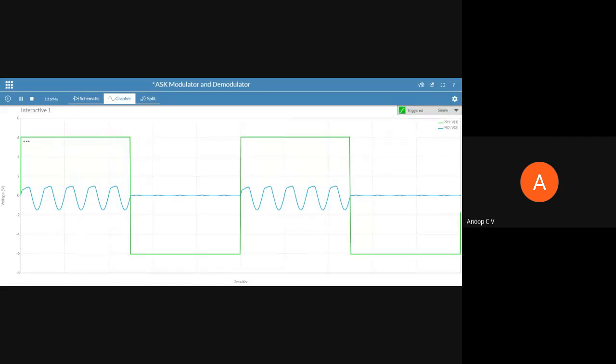You can see whenever it is positive, our transistor is off. At that time, we are getting the RF pulse, and this will be transmitted. And whenever it is negative, our transistor is on. At that time, we are getting no pulse, it is off. So that is on-off keying, right?